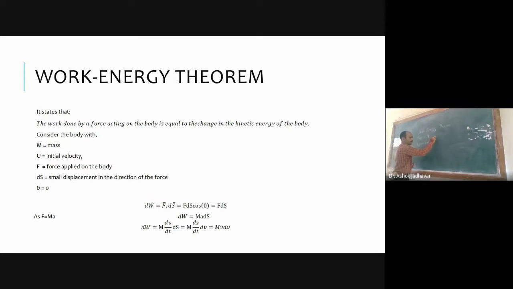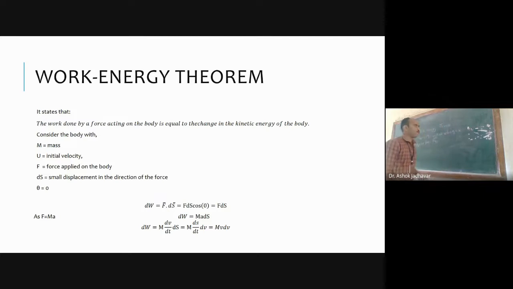If I consider some object which is initially having some velocity, so the initial velocity of this mass m is u. So we are going to consider that we are having some initial velocity for the mass m, and now I have applied some force on the body.